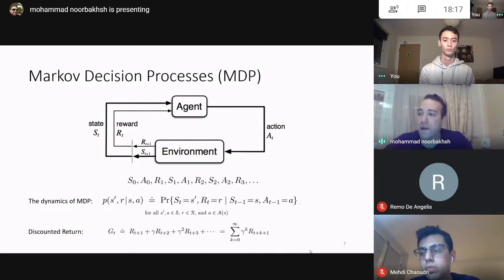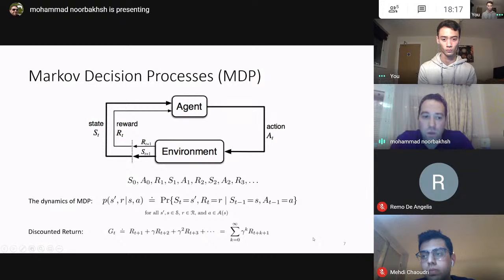So we have something called the dynamics of MDP, which is the probability of transition to a state S prime with reward R from a state S and action A. And also we have the agent's goal, which is to maximize reward, but not just immediate reward, but also cumulative reward in the long run.